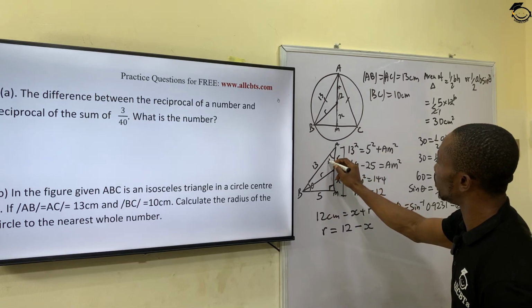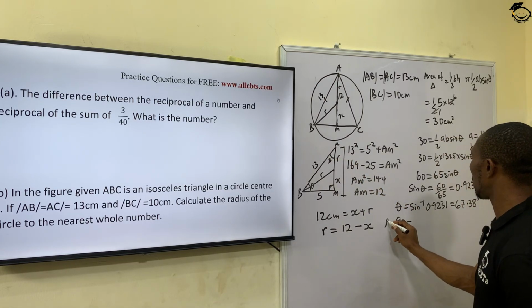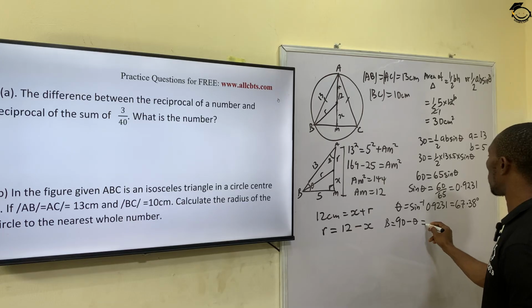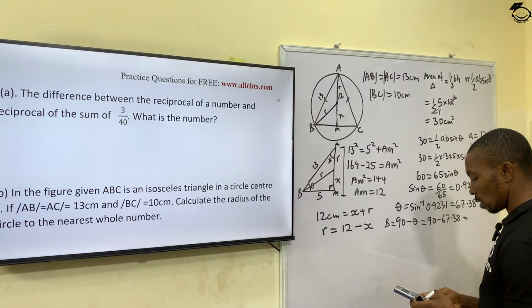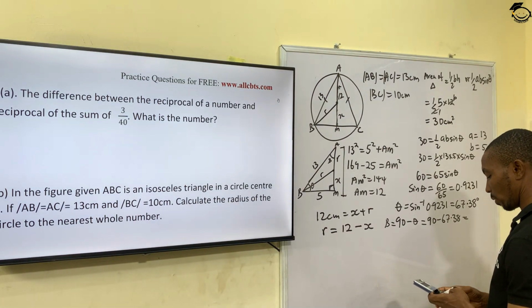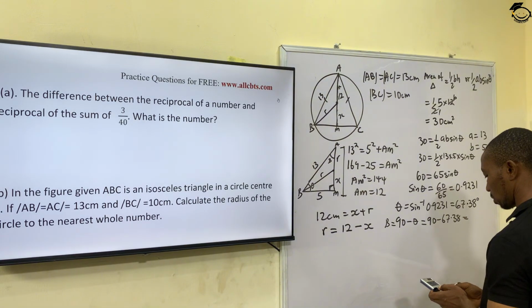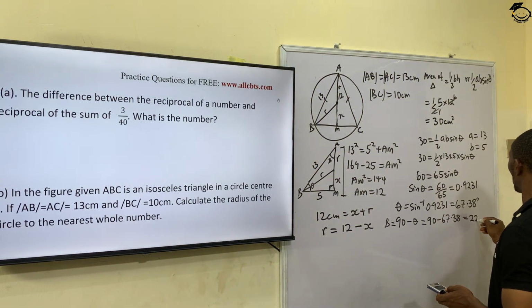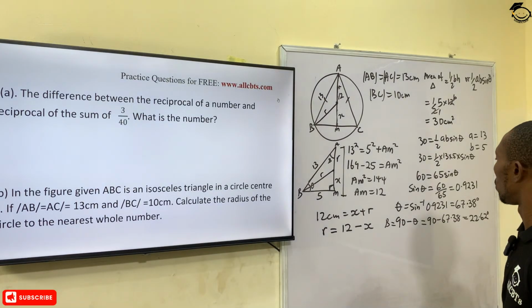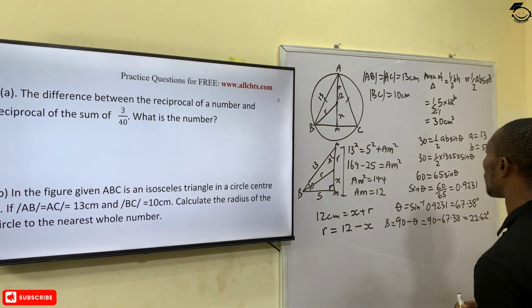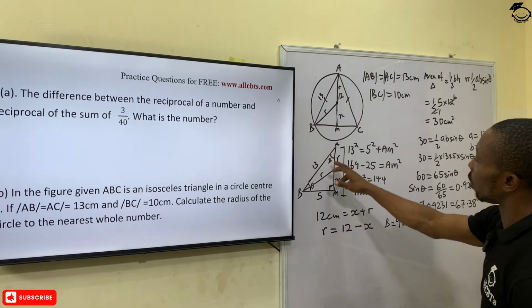Now, knowing that this angle is 67.38 degrees, we know that this angle will be 90 minus theta. Let's call this angle beta. Our beta will be 90 minus theta, which is 90 minus 67.38, which would give us 22.62 degrees. Now, we can now find our triangle, okay?